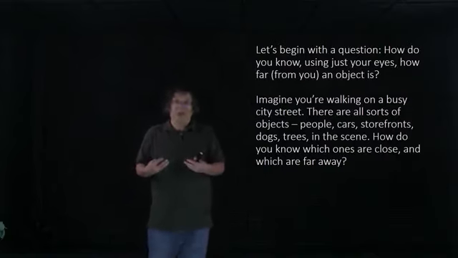So let's begin with a fairly abstract diagram of what we're talking about when we say a binocular vision system. There are a lot of little labels on this particular diagram, so let me explain what's going on here.